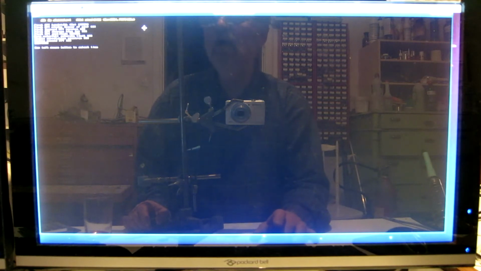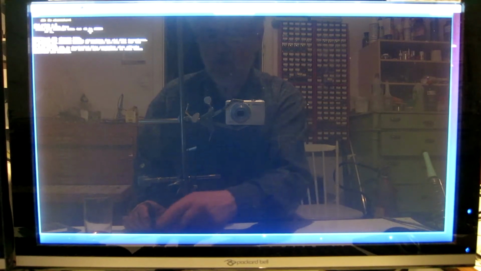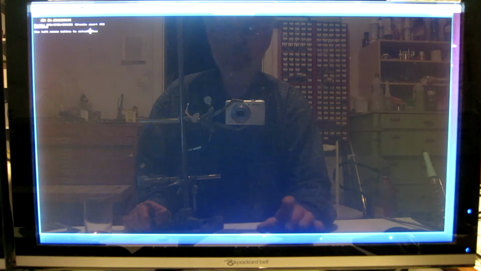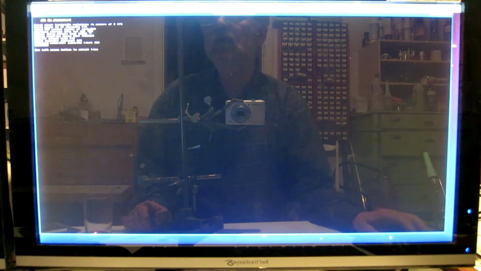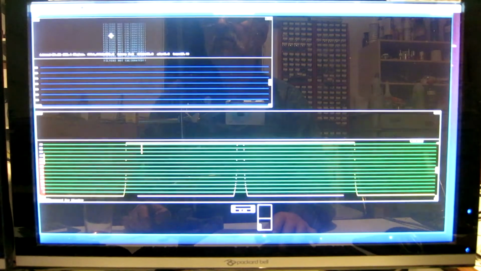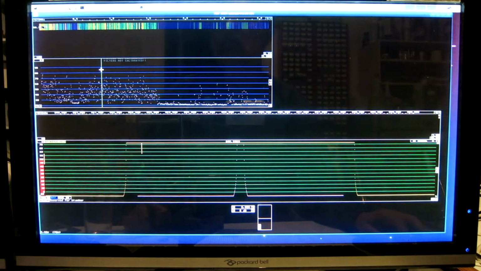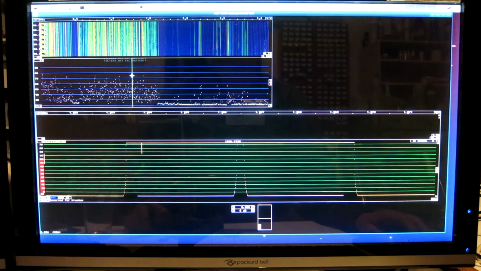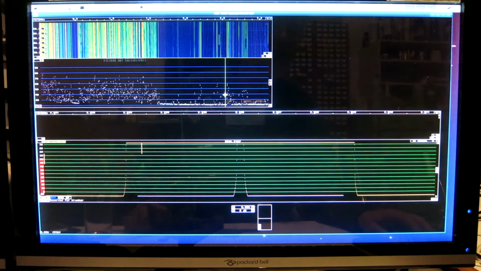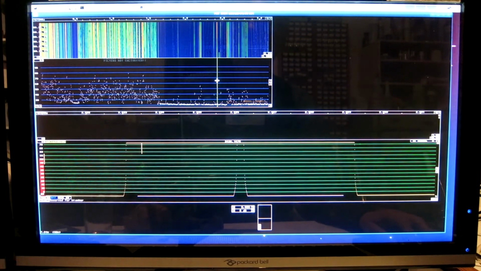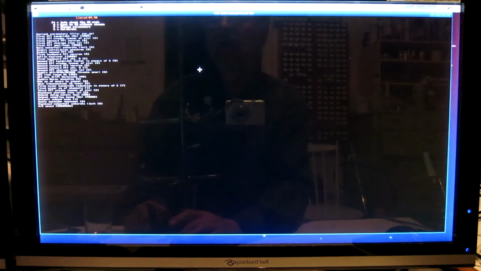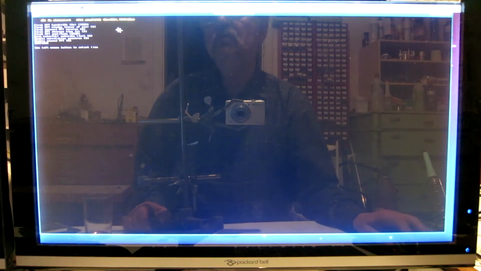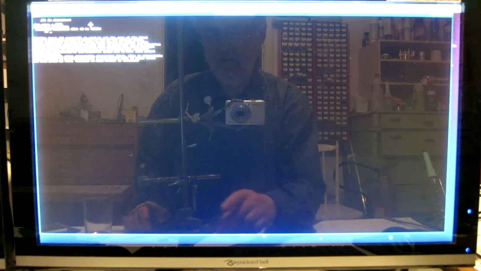X, P, this should be okay. I can reduce that to 2. X, P, make this.